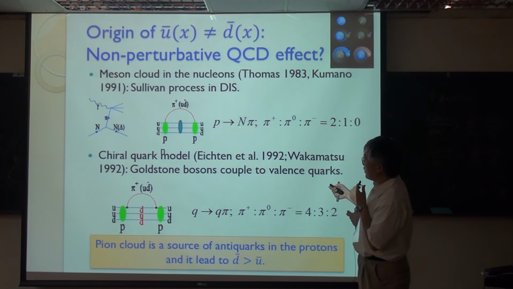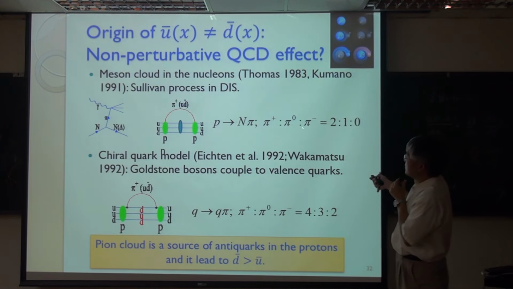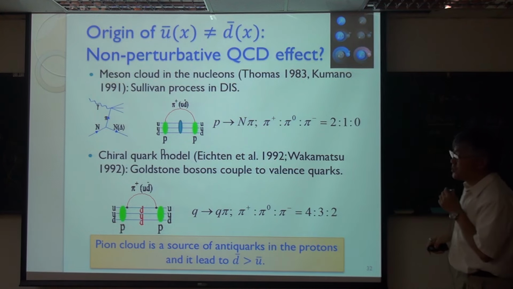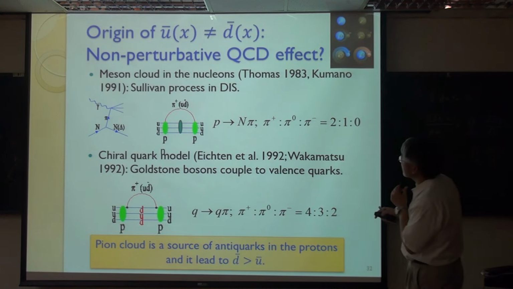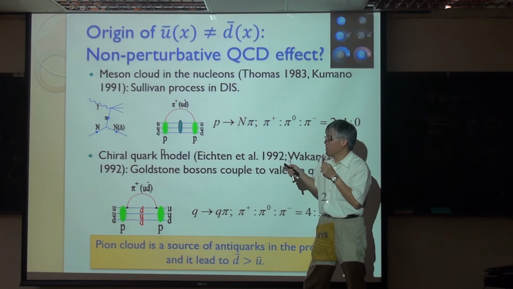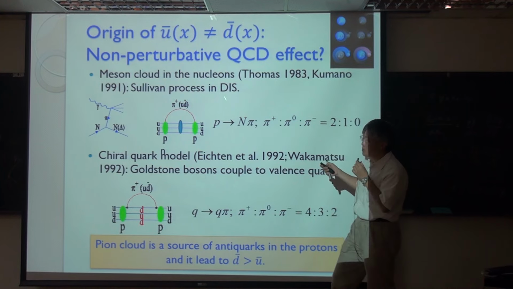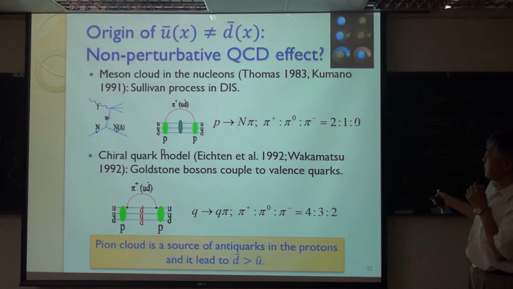So it can fluctuate into a neutron plus a pi plus, or a proton plus a pi 0, but there is no pi minus state. You might consider something like the delta, but if you limit it to the ground state nucleon, this is the only possibility.